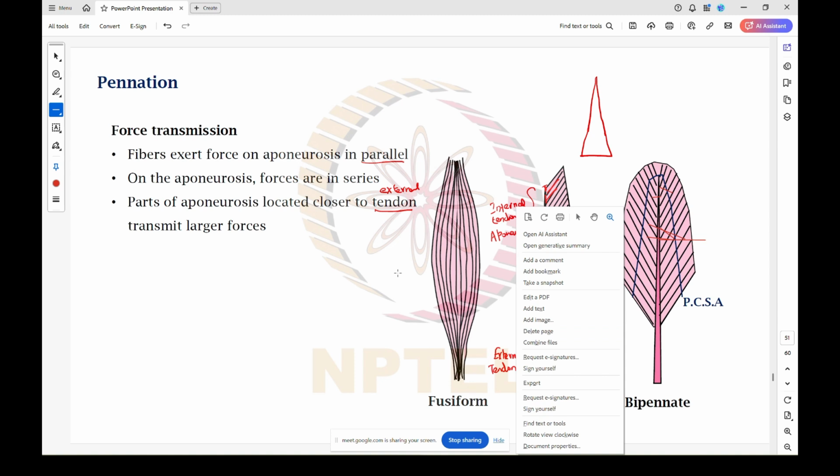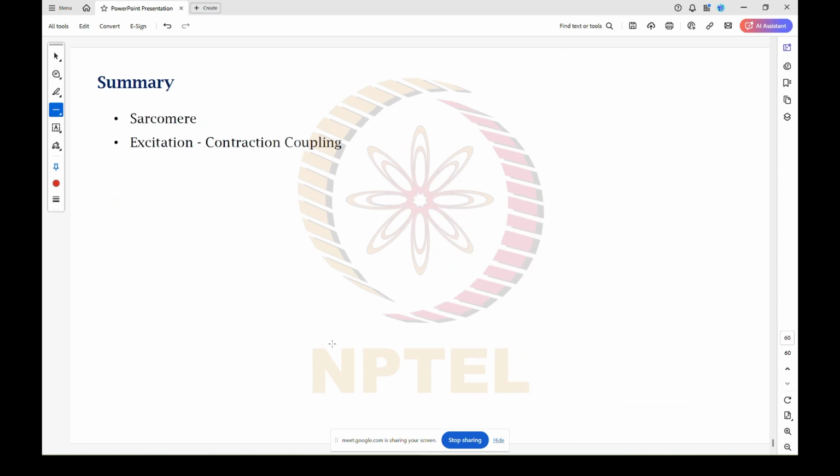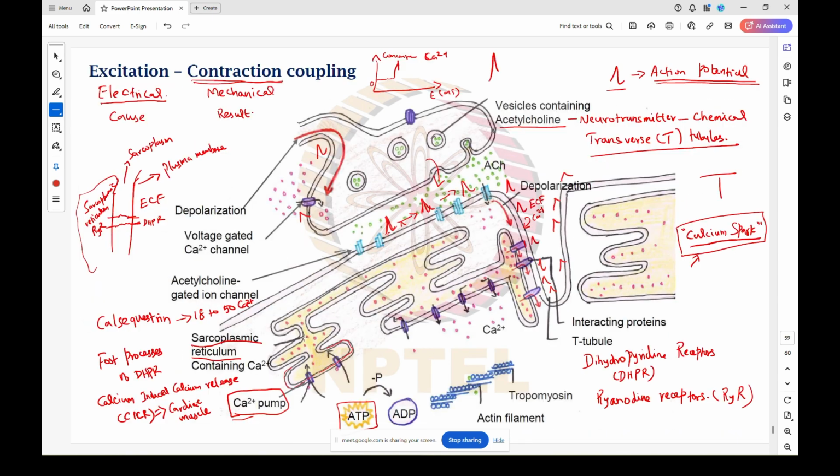And one more thing that I forgot to mention is excitation contraction coupling.